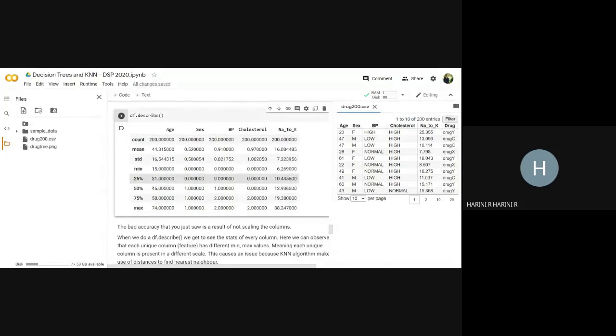Okay, so 74 minus 15. And similarly, we are going to do that for each column individually. So what will be the result of this? Each column will have values between 0 and 1, and not this kind of disparity in the range.